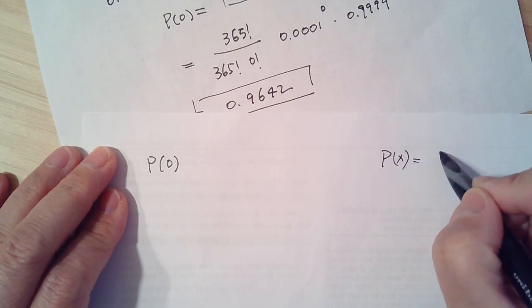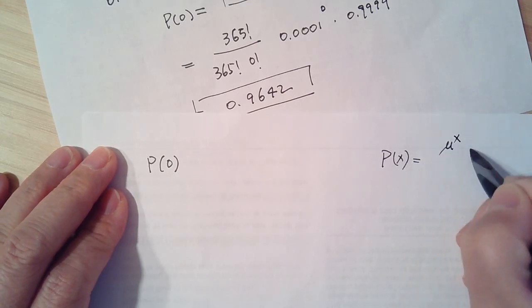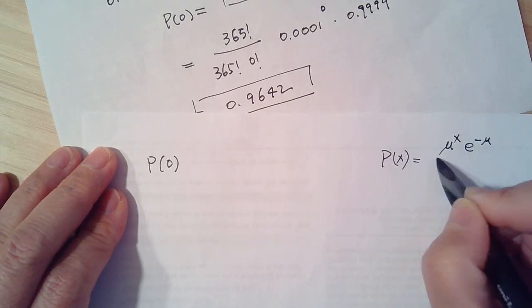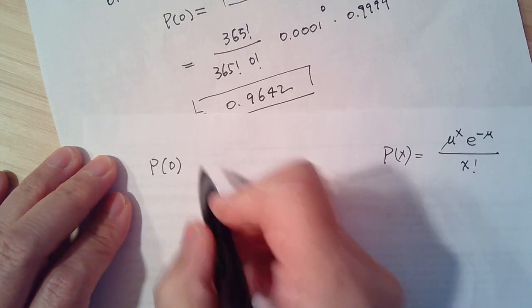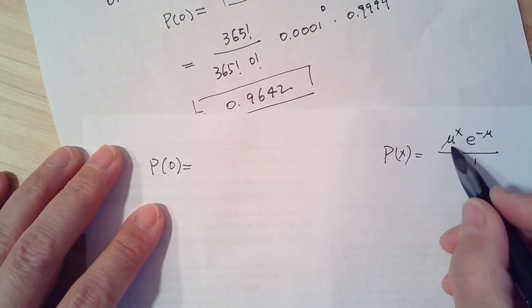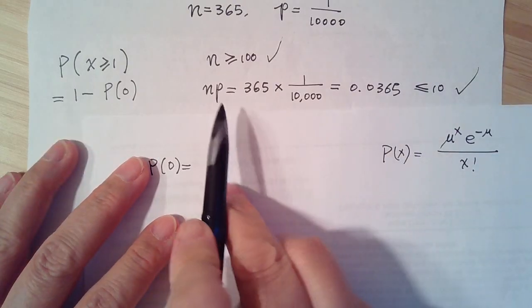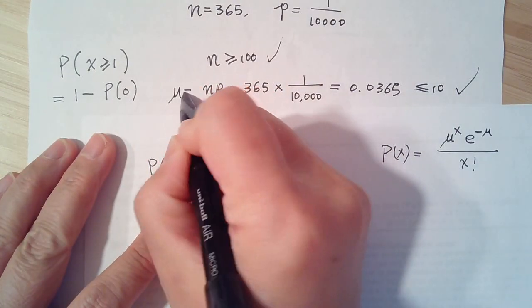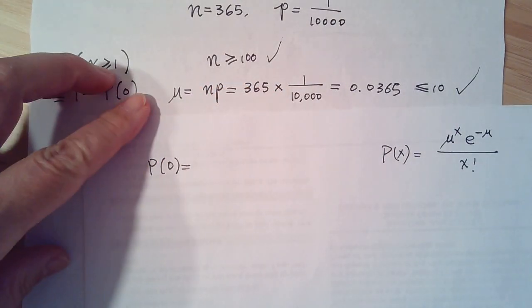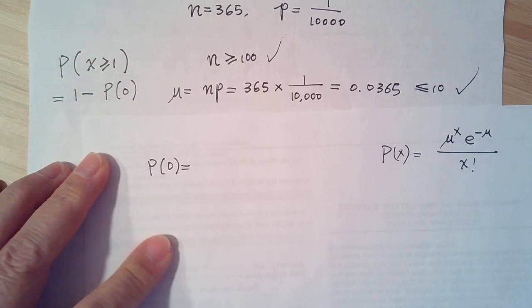Do we have a mu? Yes, mu is just np, so mu is 0.0365, and x is 0.